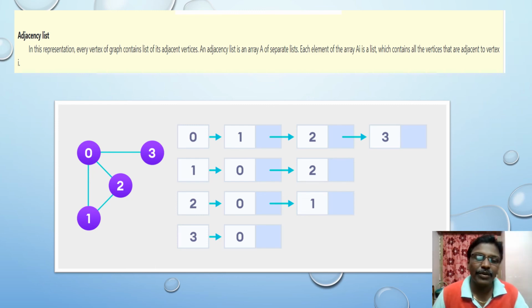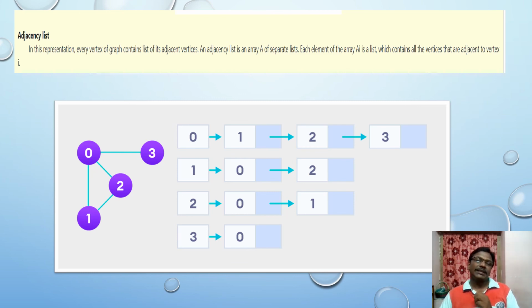In this example, I am choosing only 4 vertices and 4 edges. 0 is connected to 1 and 2, 1 is connected to 0 and 2, 2 is connected to 0 and 1, and 0 is also connected to 3.